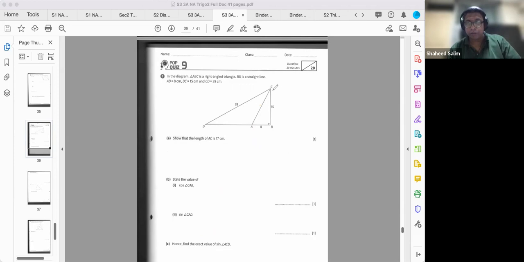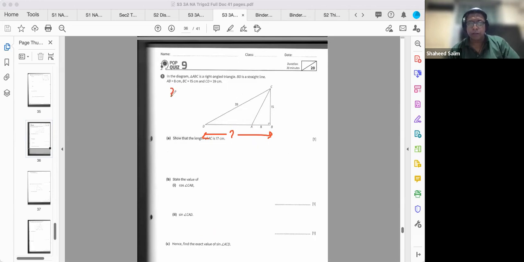This is 15, right? We have found out this is 17. We made an assumption it's 17, but we don't know that. I will prove to you it's not 17. Using Pythagoras theorem, find out what DB is.